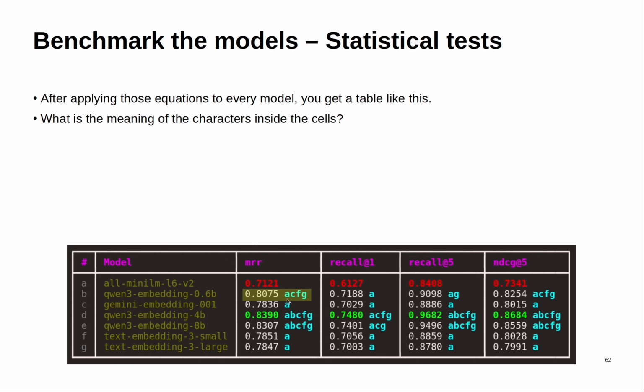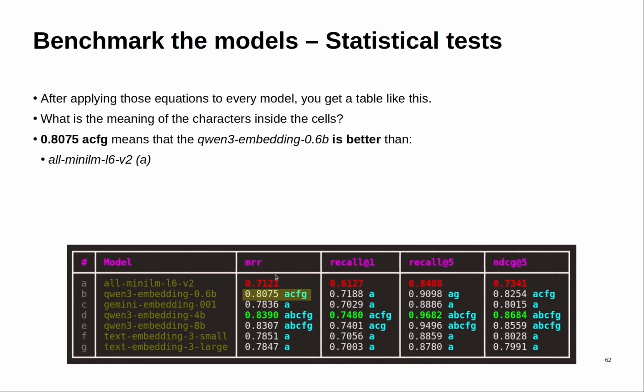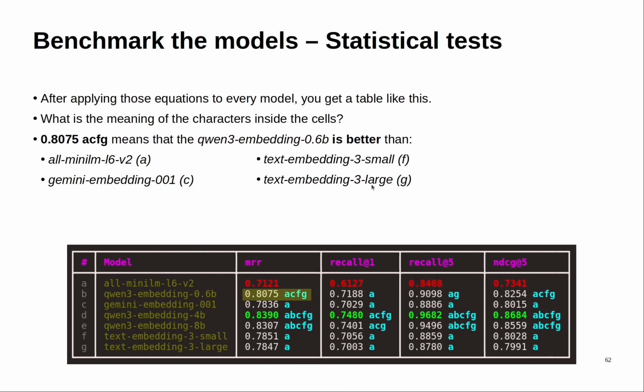If we look at this cell, we have 0.8075, but then we have these letters, A, C, F, G. This value means that the Qwen3 embedding 0.6 billion model is better than the models that have these letters. A corresponds to all-MiniLM, C corresponds to Gemini, F to the text embedding small, and G corresponds to the large text embedding model from OpenAI.